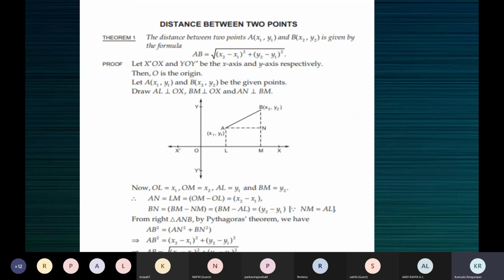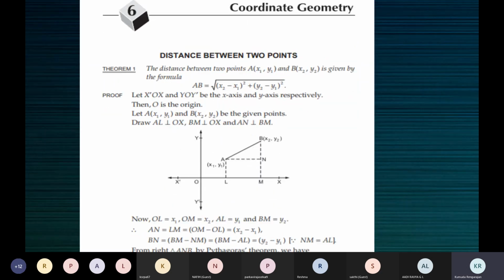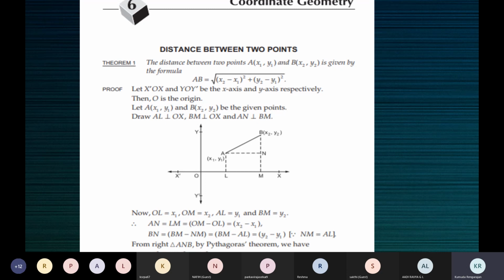Fine. So let's understand. So this is coordinate geometry. And here we shall first understand the formula to find the distance between any 2 points in the Cartesian plane.